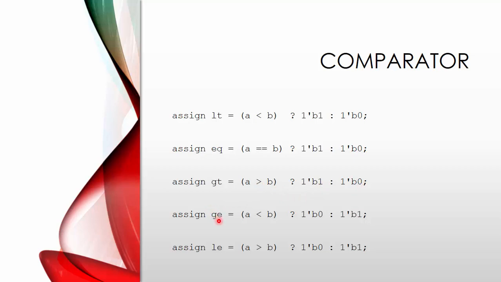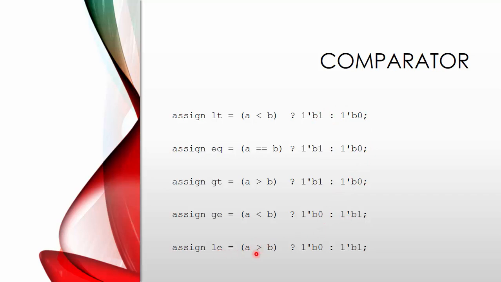And for GE and LE, for greater than or equal to, instead of putting greater than or equal to here, we can also put only less than, like this one, but we reverse the output. Instead of 1, 0 like this, it is 0, 1, similar to LE.